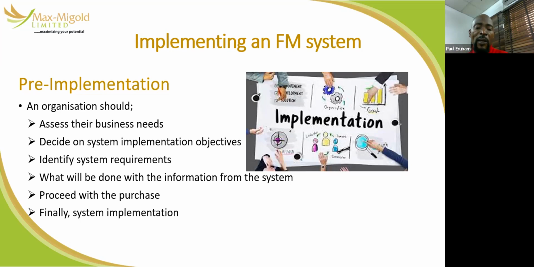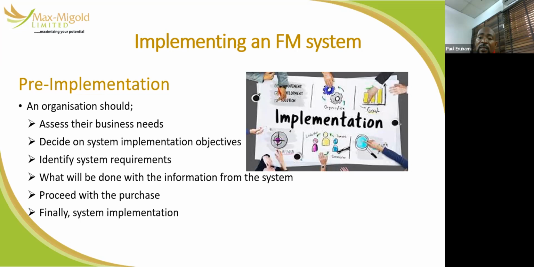Identify system requirements, which I've already earlier mentioned. What will be done with the information from the system? The information generated from the system, what are you going to do with it? What is the advantage of that information to your business? Then, if you have answers to all these questions, you can go ahead, purchase that system, and finally, you start implementing it.